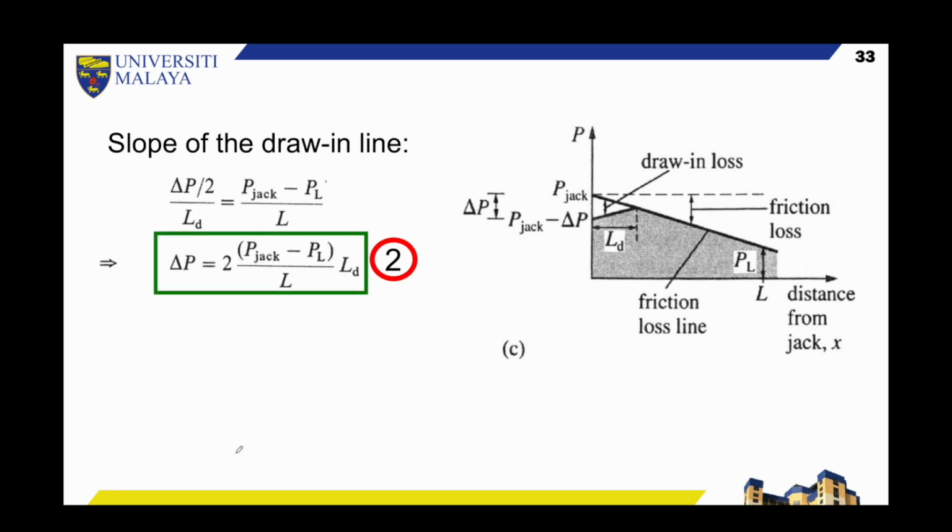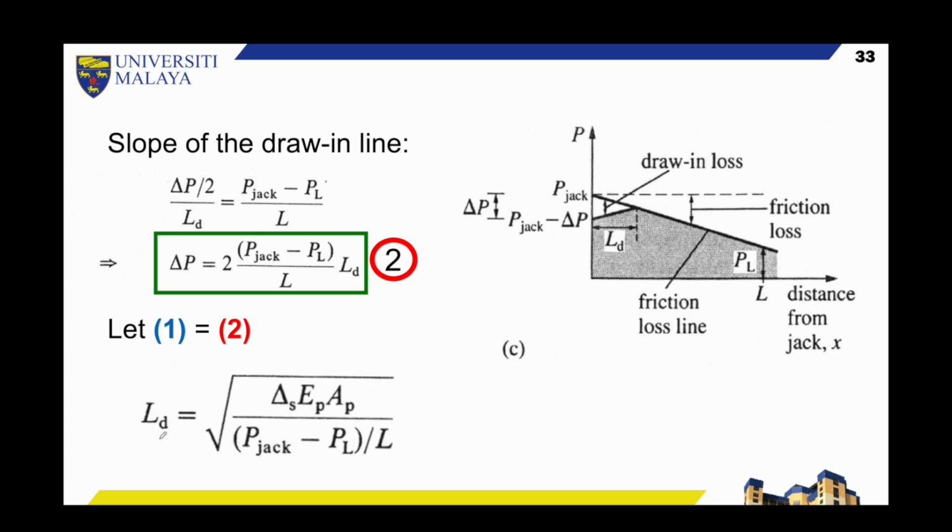And we can find a simple equation which shows us the distance at which these draw-in losses occur, which is LD, the distance of the actual draw-in losses. And this is LD here.